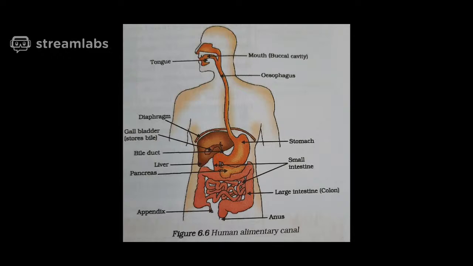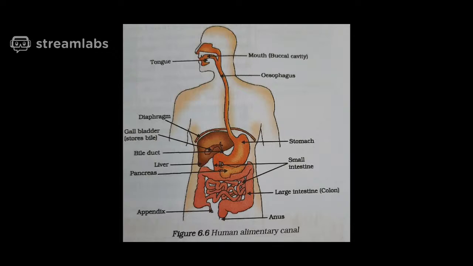Obviously, we cannot prepare the food. We consume the food. We eat the food, either in herbs form or meat form. Herbs or meat, we intake the food by the mouth.